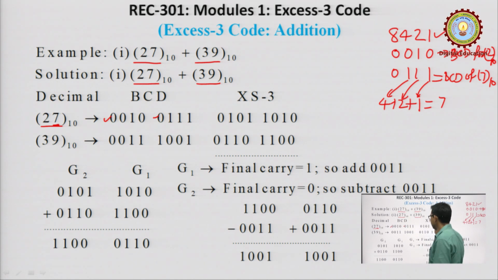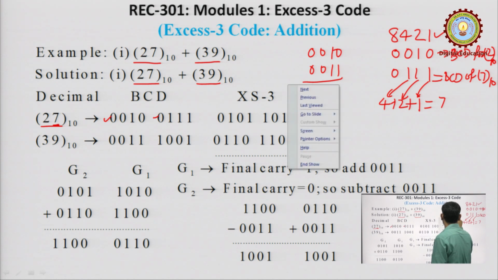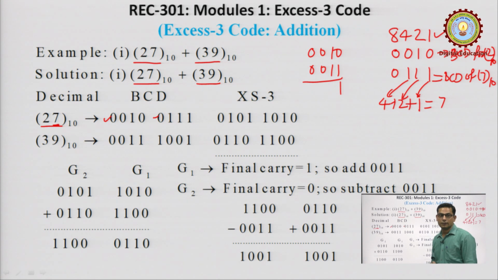To get the Excess-3 code, what do we have to do? We have to add the binary equivalent of 3 to both the digits. If we add the binary code of 3 to 0010, we add 0011. Then 1 plus 0 is equal to 1, 1 plus 0 is equal to 1, 1 plus 1, the sum will be 0 and carry will be 1, and then 0.